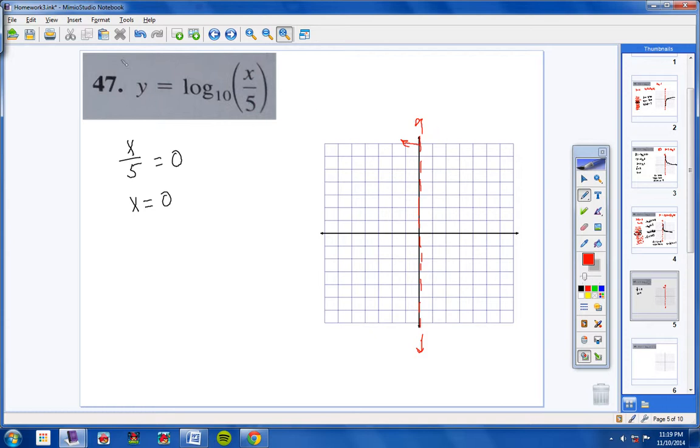So we're going to go to the right. We'll put into our table of values 0.1, barely to the right of the asymptote, and then 1, 2, 3, 4.